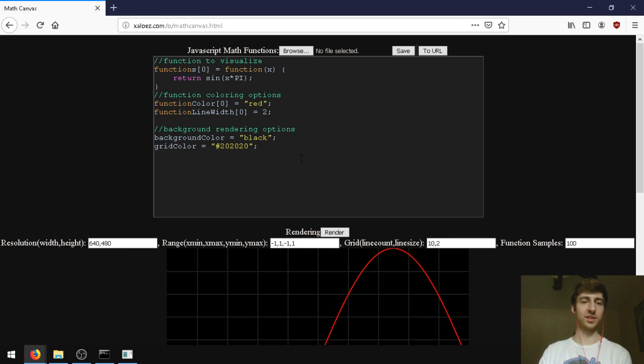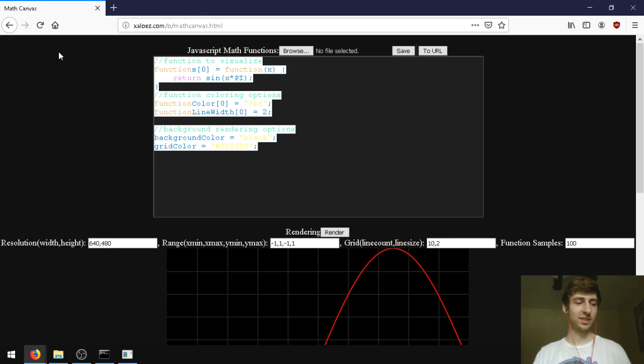Oh my god, it deleted the code. Jesus Christ. Hold on. I actually saved that because I kind of expected that to happen when it crashed. Oh man, that's good.